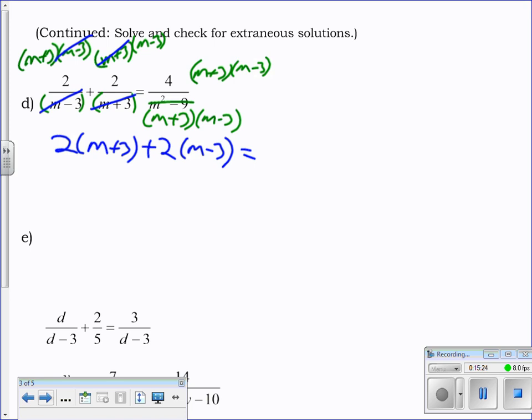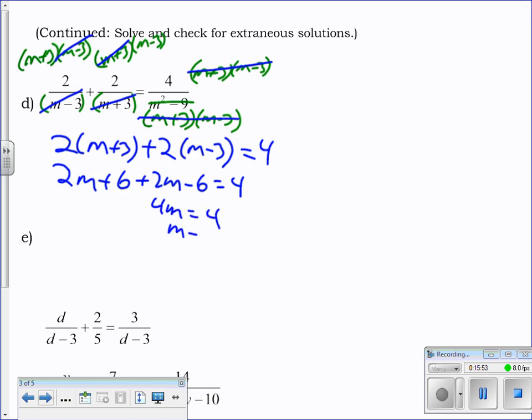And then the last one, look what happens here. Everything cancels. So I get 4. No more fractions. Distribute, combine like terms, and solve. 2m plus 6 plus 2m minus 6 equals 4. 4m equals 4. M equals 1.